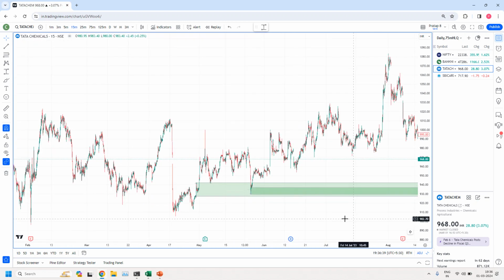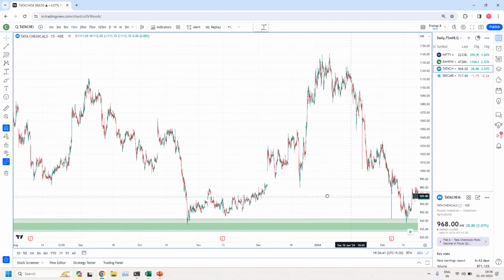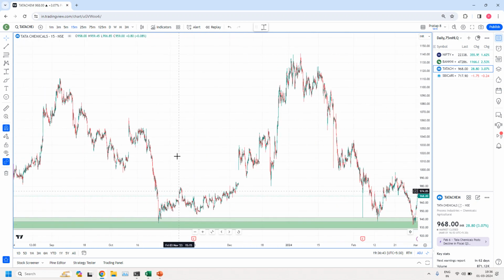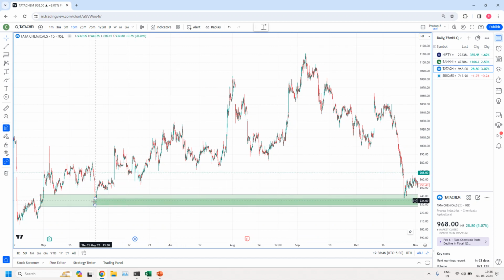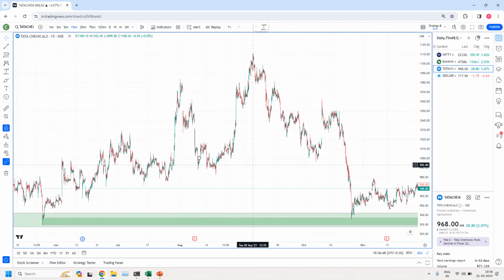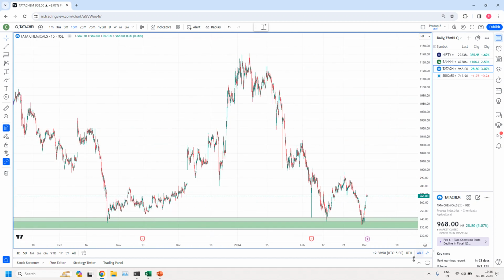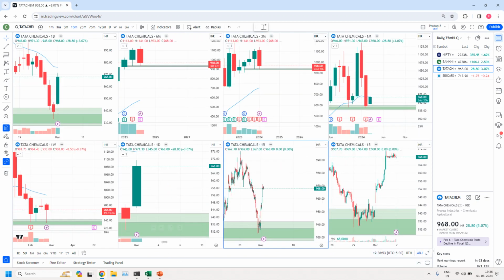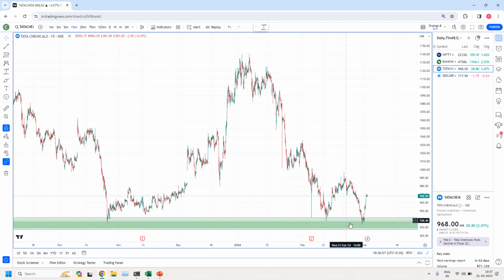Sorry, I got confused about how I drew this zone. There's some change. Maybe it is the LOTL zone. This is also a 75-minute zone, I think. Let me check once. But that one is acting as a high liquidity zone, multi-testing from this area.